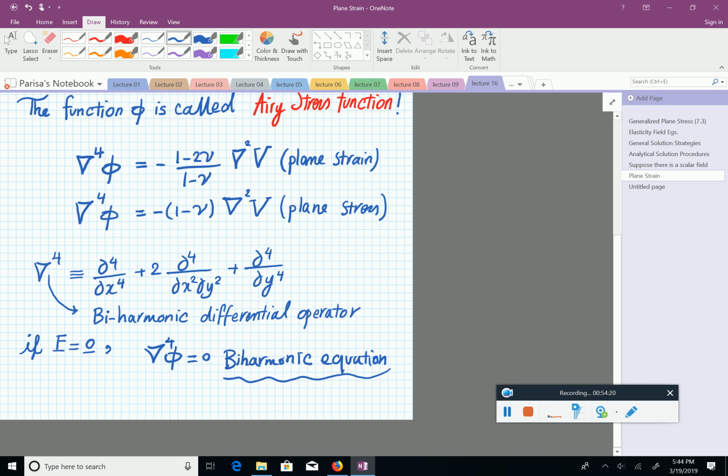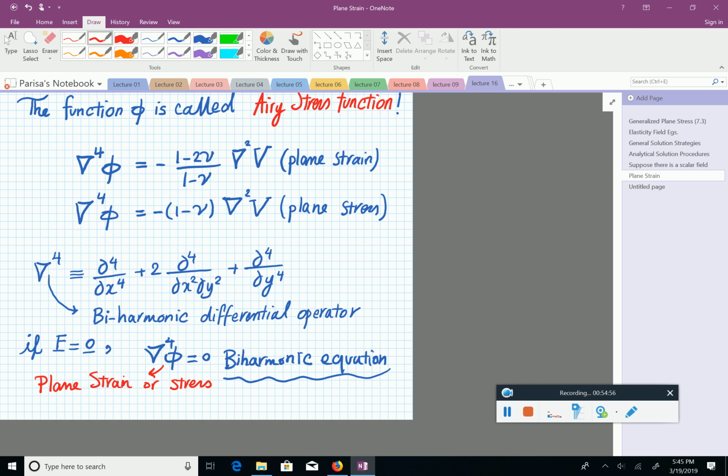So it doesn't matter if it is plane stress or plane strain. So how can that be? What does it mean? I'm saying that if there is no body force, the equation becomes the same. But we defined plane strain and stress and they were very different. What does that mean if this equation is the same?